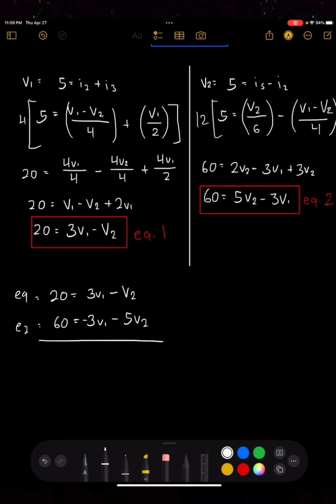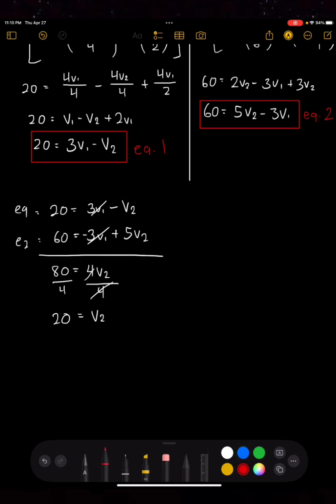So, 20 plus 60 is equal to 80, to cancel, positive V2 plus 5V2 is equal to 4V2, 80 over 4 equals 20. So, ito na yung V2 natin.